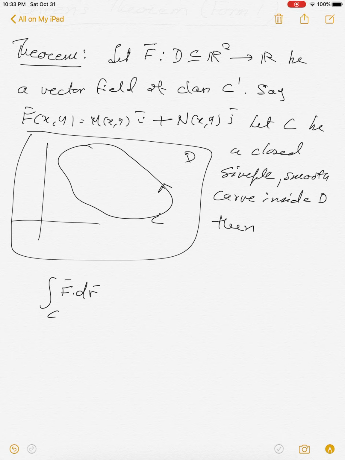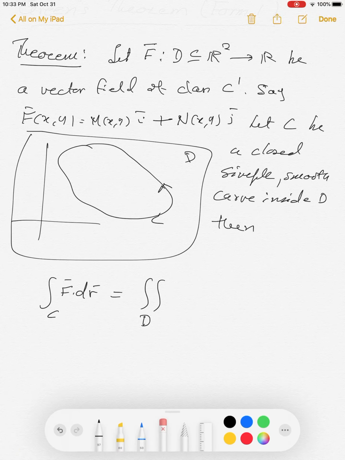Then we are going to say the line integral of f bar on this curve oriented anticlockwise is equal to the double integral on the region. D is the domain of the function, but it's better if I call the region enclosed by this curve R. So it's the region R over which you integrate the function dn/dx minus dm/dy.